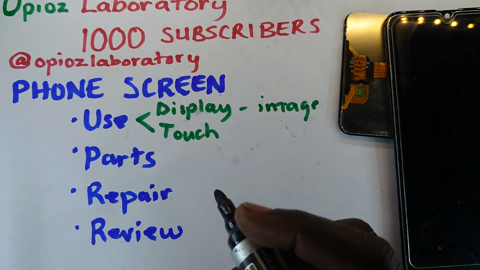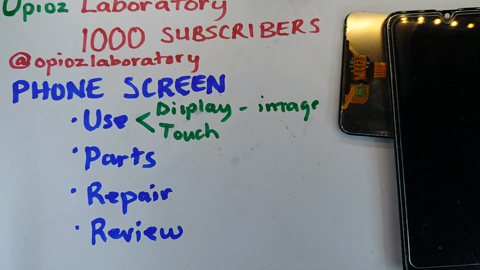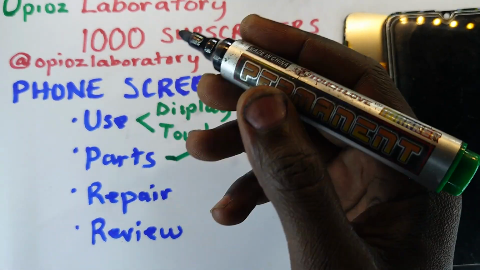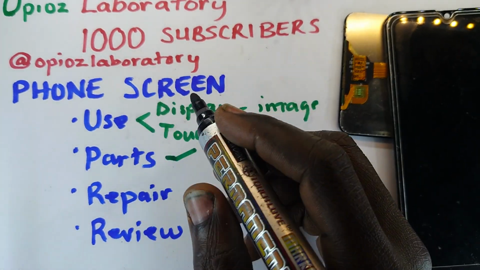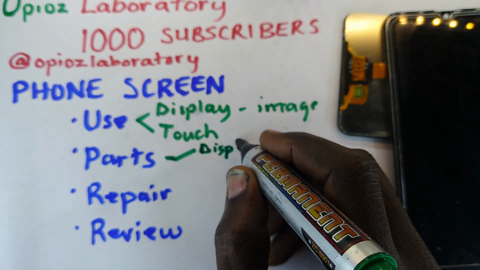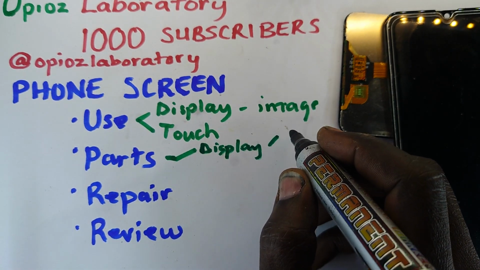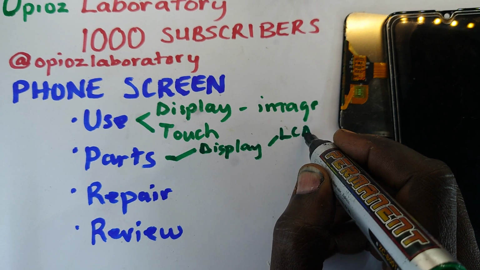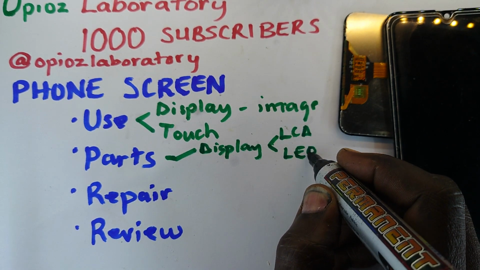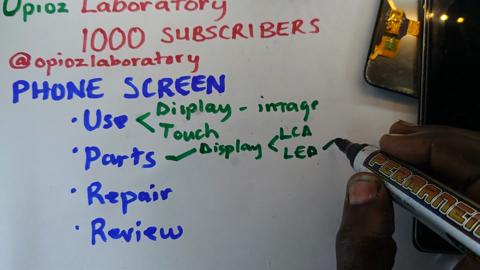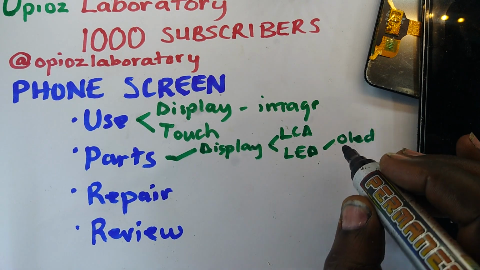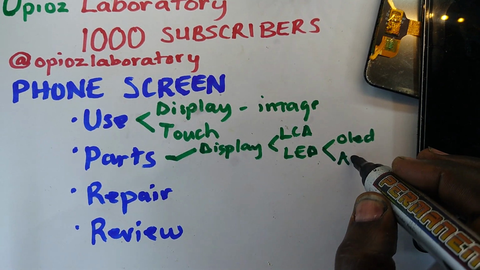Now, the next thing is to understand, if those are the two functions, what are the parts? So the parts also basically rhyme with the functions. We have the display, and displays are normally of two types. There's usually LCD and then LED, in which case the LEDs could be split into OLED, that is organic light emitting diode, and then AMOLED.